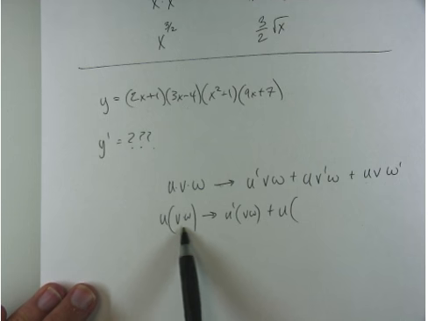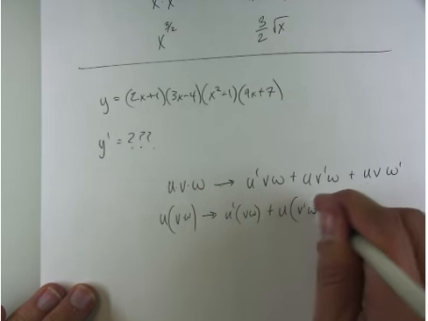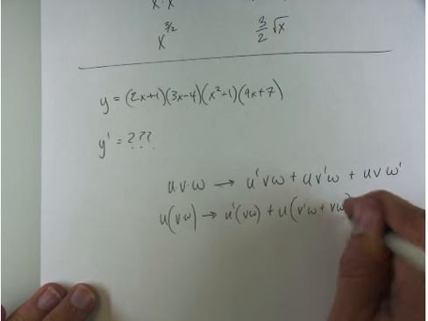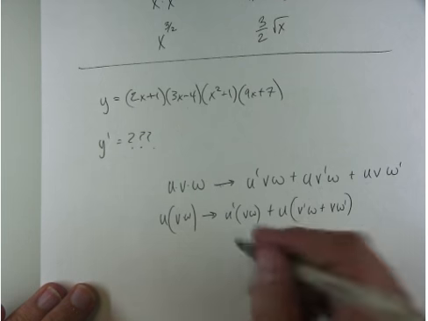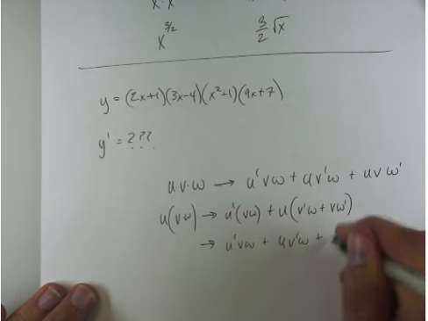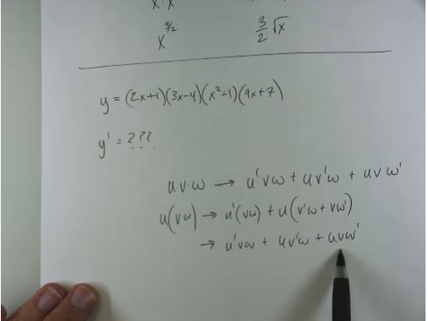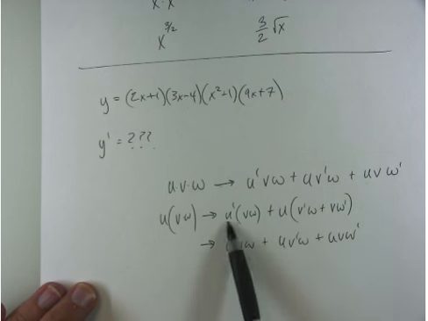I'm going to have to use the product rule because it's a product. So I'll take the derivative of the first thing and leave the second thing alone, and add the first thing left alone times the derivative of the second thing. And then if I distribute this u through, we find that we get to the same place. So this idea fits in with exactly what happens if we work it out in general.